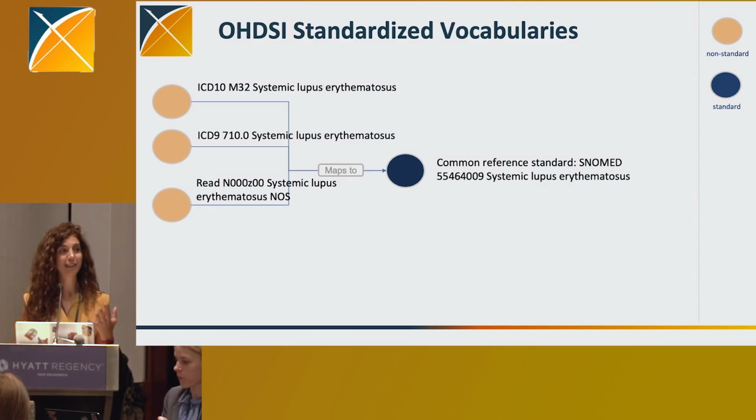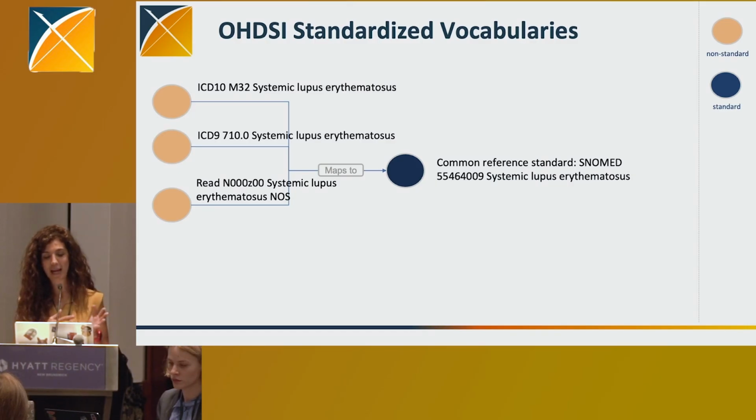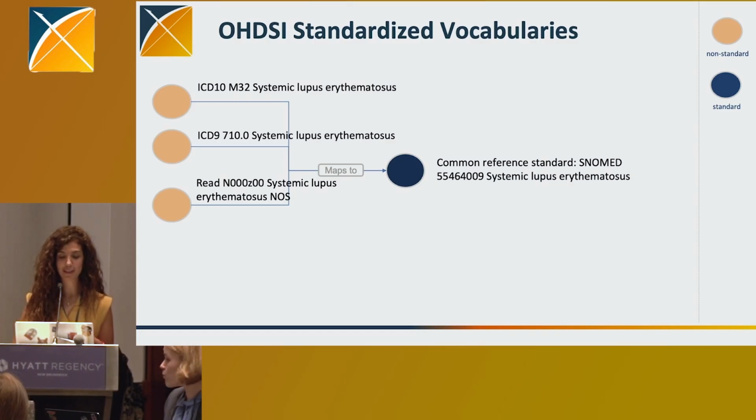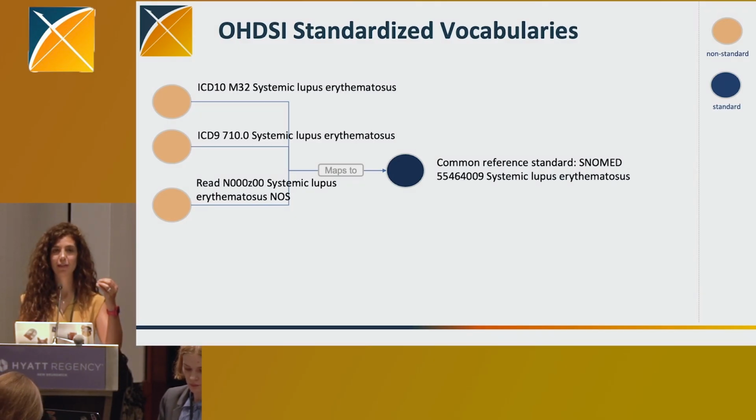So Odyssey made it much easier with standardized vocabulary, because all of those different terms that represent the idea of systemic lupus erythematosus map to a standard reference in SNOMED, which is called systemic lupus erythematosus. So it doesn't matter where your data is coming from. If you are looking at systemic lupus erythematosus, you can find the standard reference SNOMED code, and you will be grabbing all those other source codes.